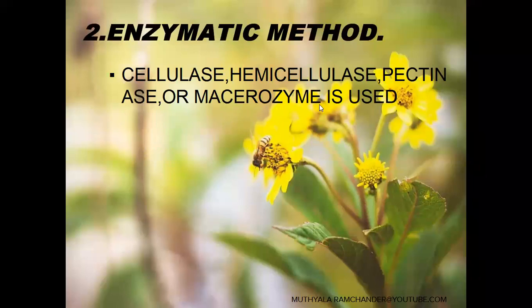The macerozymes are a composition of cellulase, hemicellulase, and pectinase. These are the enzymes used in the selection of protoplast. All these enzymes combined are called macerozymes.